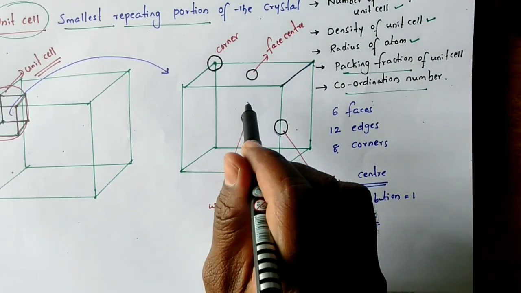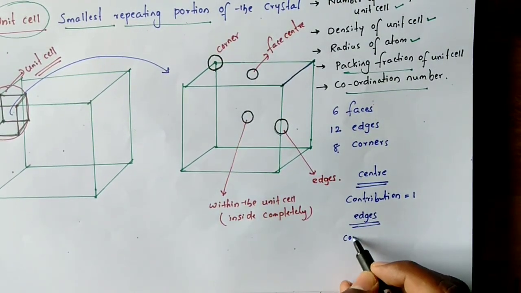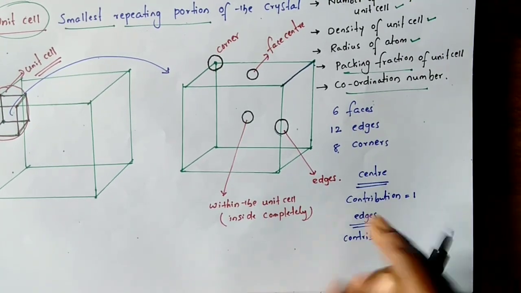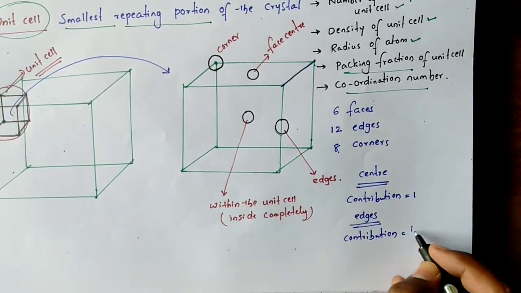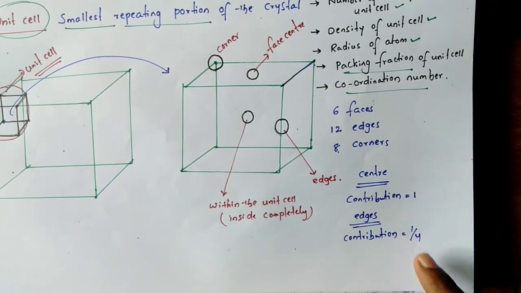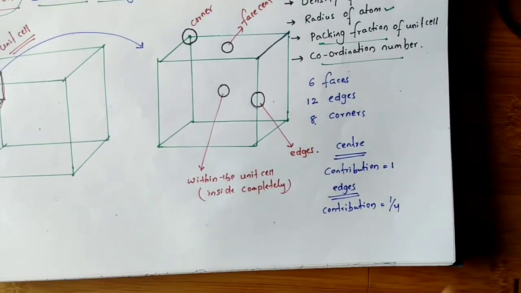But to this unit cell, what is the contribution of this atom? The atom present on the edge has a contribution to this unit cell of 1 by 4, because this atom is sharing with the 4 unit cells.